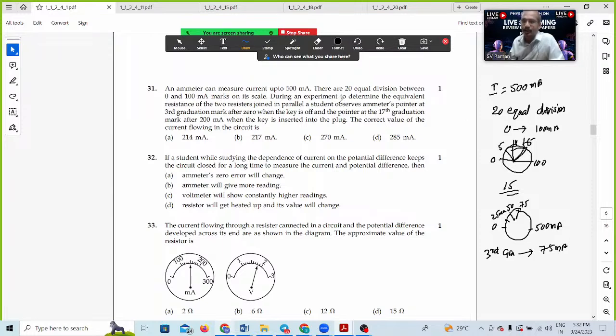During an experiment to determine the equivalent resistance of two resistors joined in parallel, a student observed the ammeter's pointer at the third graduation mark. And when the key is off, the pointer is at the 17th graduation mark after 200 milliamperes.